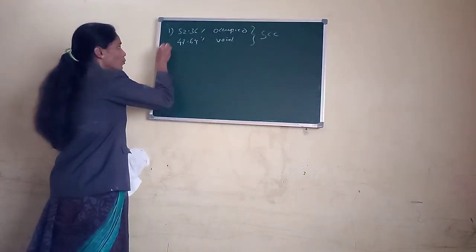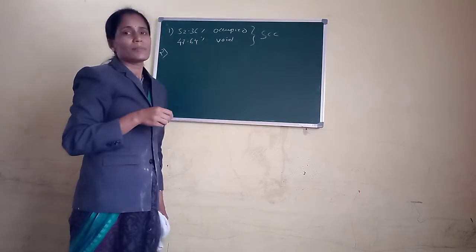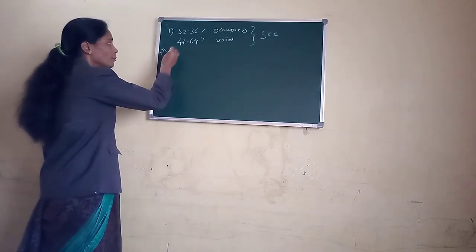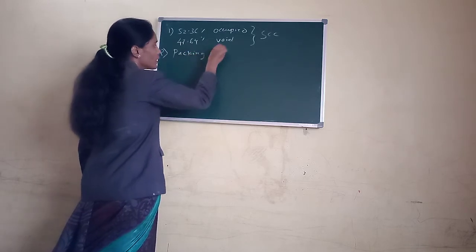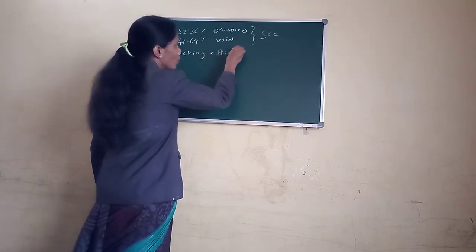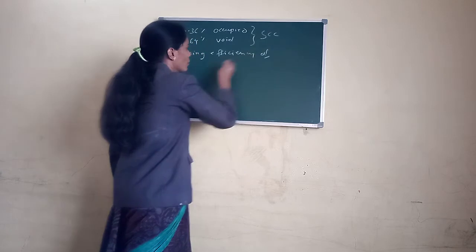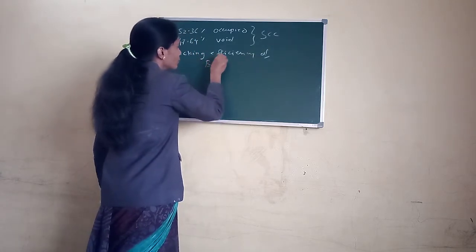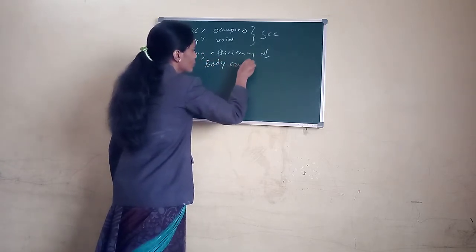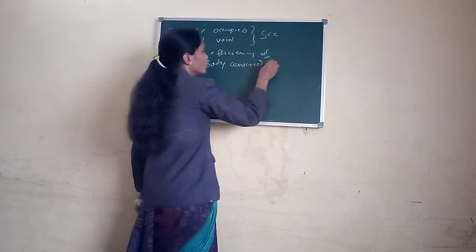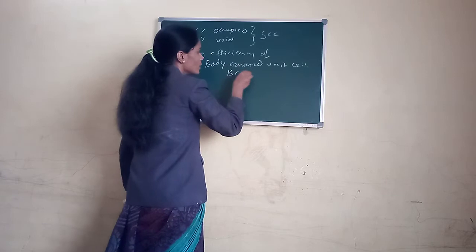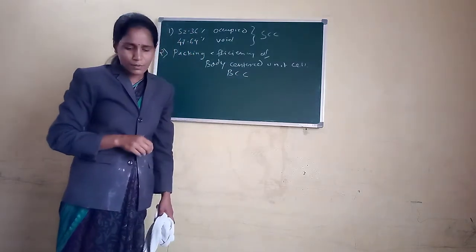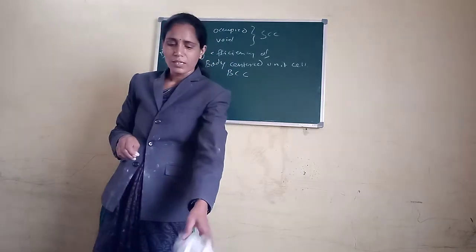Then the second point: calculate the packing efficiency of body centered unit cell, means BCC. BCC is different from FCC.